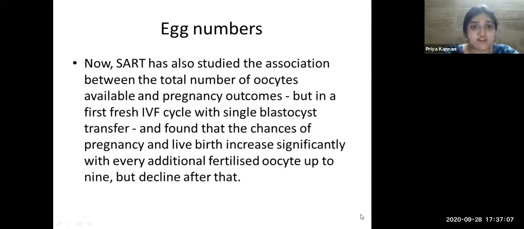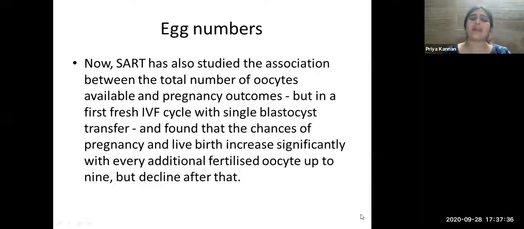The SART, which is the American database, also studied the association between the total number of oocytes available and pregnancy outcome, but in a first fresh IVF cycle with only a single blastocyst transfer, and found that the chance of pregnancy and live birth rate increased significantly with every additional fertilized oocyte up to 9, but there was a decline after that.